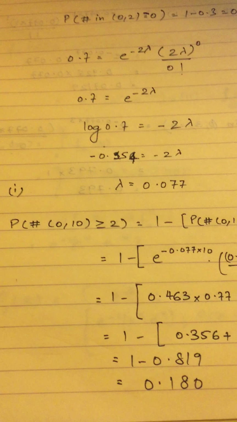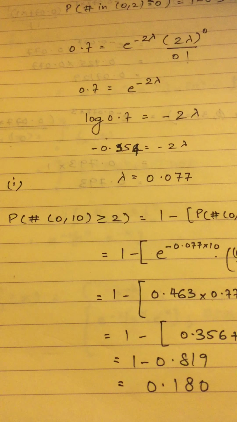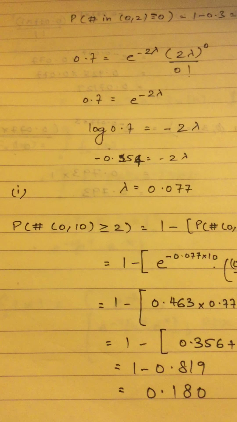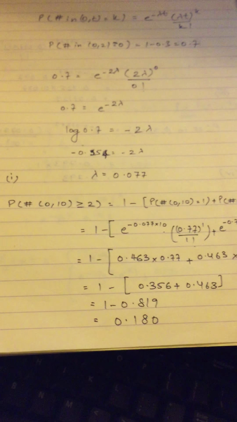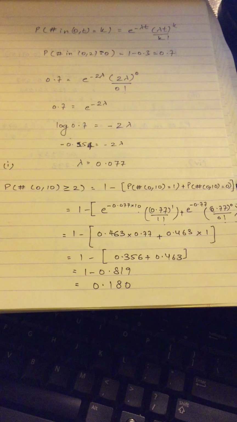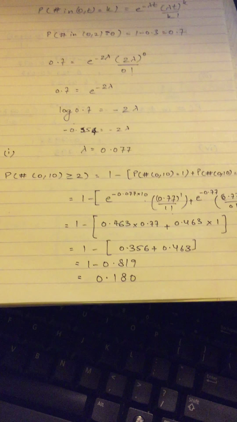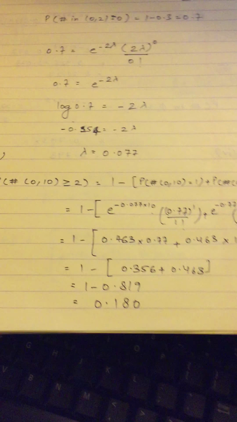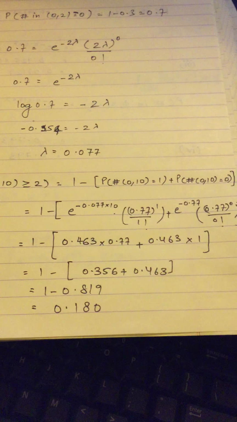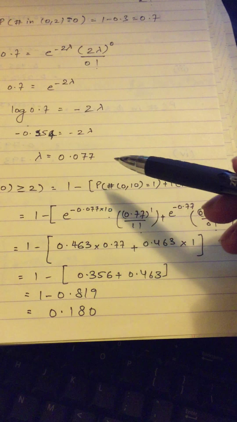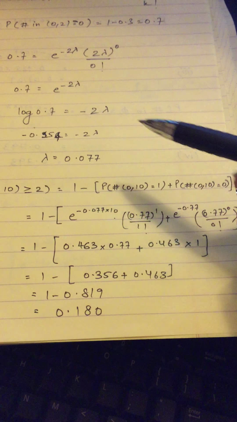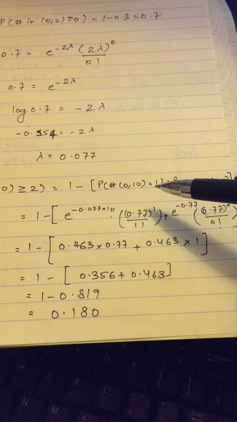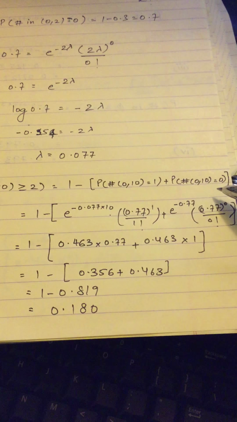The second part says that we have to find the probability that within the first 10 minutes, at least 2 customers will arrive. So the probability of getting 2 or more customers in the first 10 minutes is the same as 1 minus the probability of getting either 1 customer or 0. Now we have the value of lambda, and t is 10, with k equal to 1 in one case and 0 in the other.